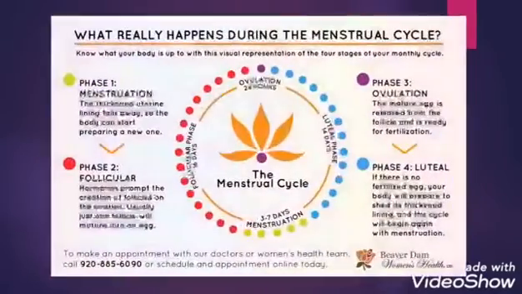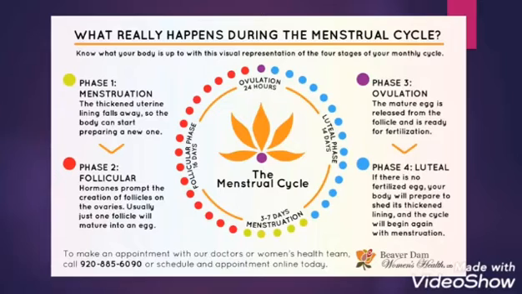There are four important phases during the menstrual cycle. Phase 1 is menstruation. The thickened uterine lining falls away so the body can start preparing a new one. The second phase is follicular, which means that the hormones prompt the creation of follicles on the ovaries. Usually, just one follicle will mature into an egg.